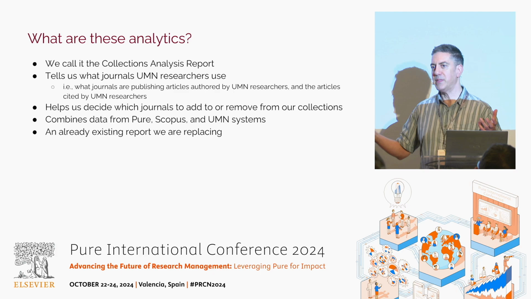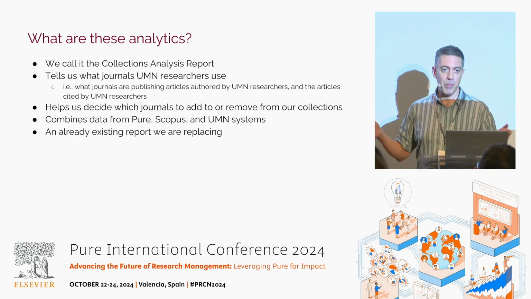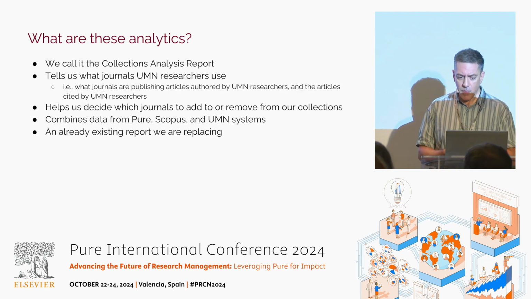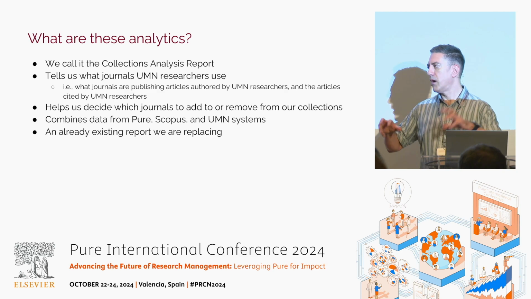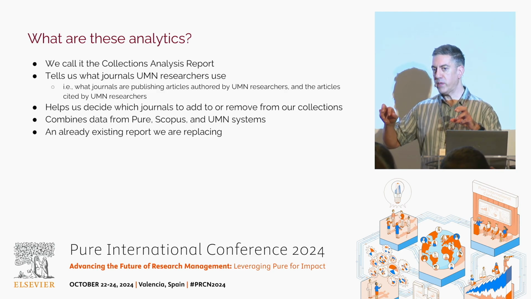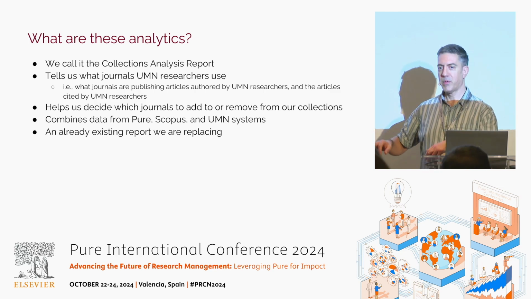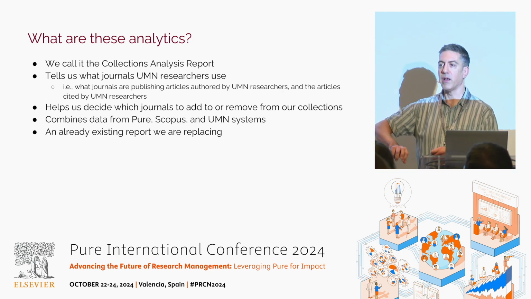So we want to get some data to help us make decisions: are there some journals that we can cancel and maybe save ourselves some money, or subscribe to some other ones that we're not subscribing to but people are using heavily? We especially want data about not only what journals our researchers are using to publish their articles, but also, in the citations for their articles, what journals they are relying on for that.